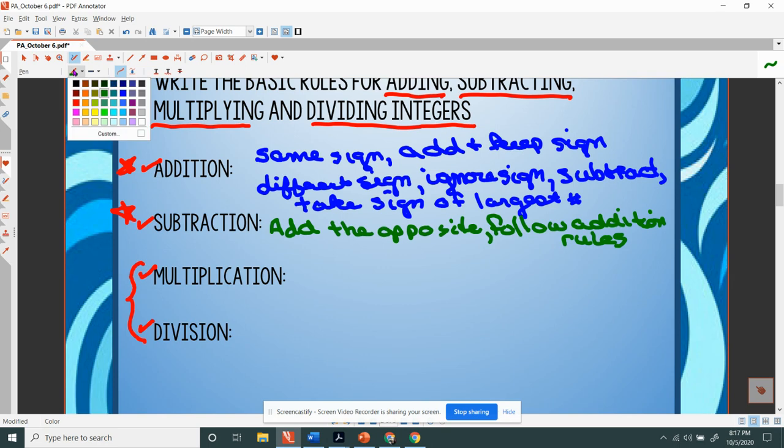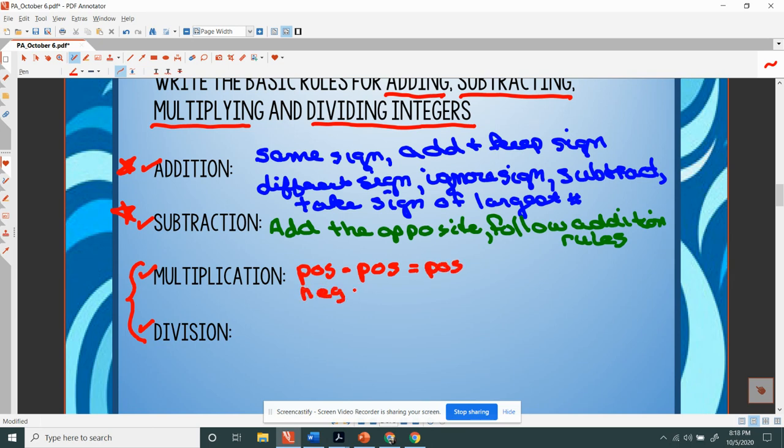Now, multiplying and dividing are much, much easier. For multiplication, a positive times a positive equals a positive. A negative times a negative equals a positive. Oops. Students, I must be getting really tired tonight.